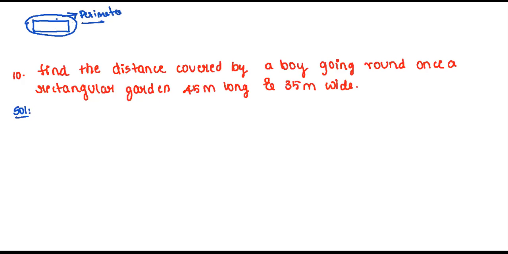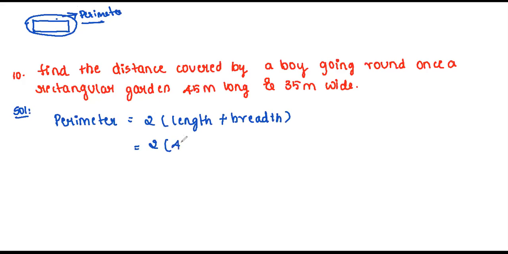The beauty of this chapter is that you have to draw the diagram, and by that diagram you understand. Now you have to find the perimeter of a rectangle. The formula is perimeter equals 2 into length plus breadth.